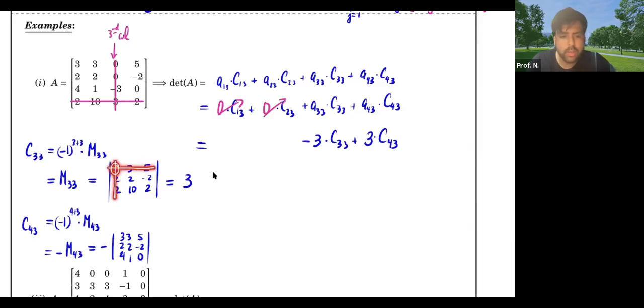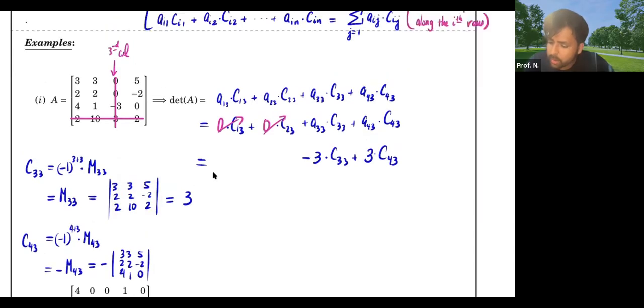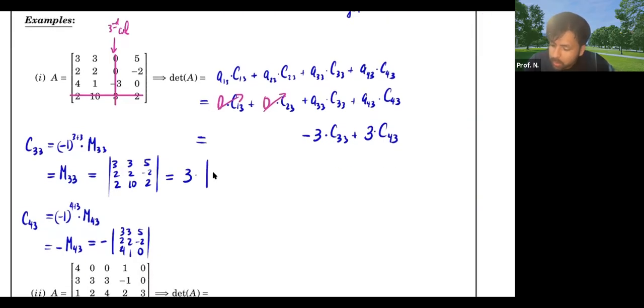Get rid of the first row, first column, and then I'm left with this matrix here, which is, is that negative? That's just positive. Okay. So then it would be multiplied by the determinant of the smaller matrix, 2, -2, 10, 2. Does everybody see that? Now this is a smaller matrix here.